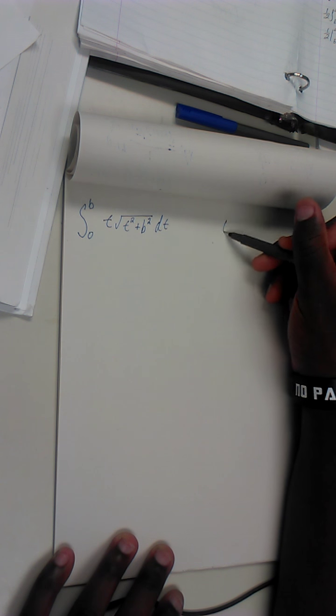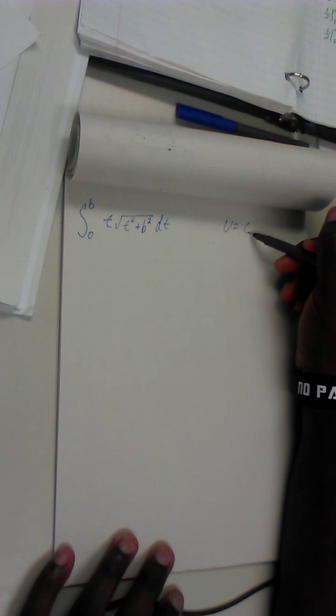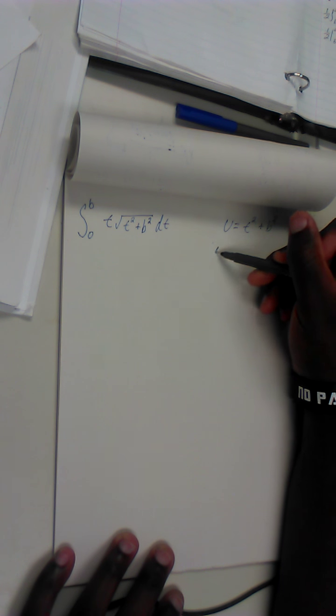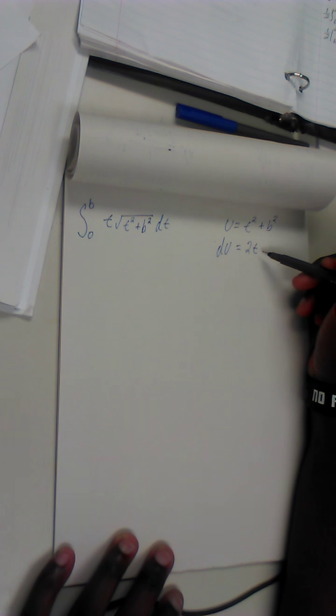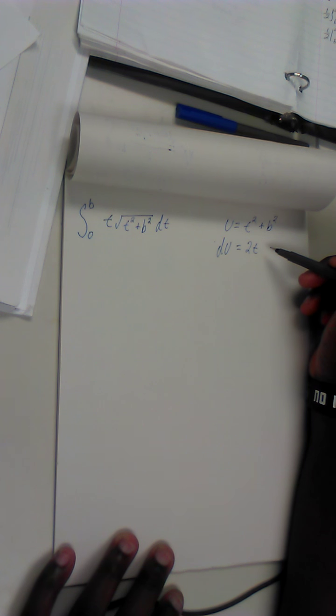Let's go ahead and set our u equal to t squared plus b squared. Let's go ahead and set our du equal to 2t dt. Remember, b squared is a constant, so that's going to go away.